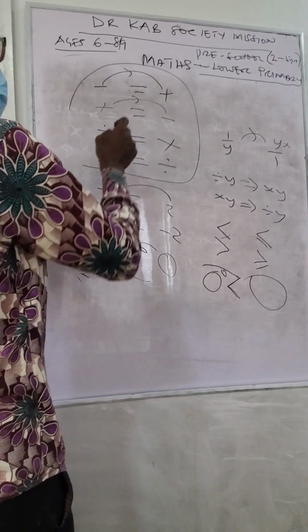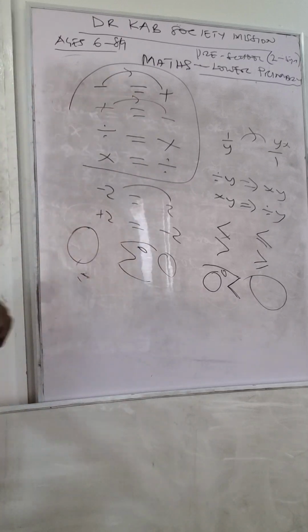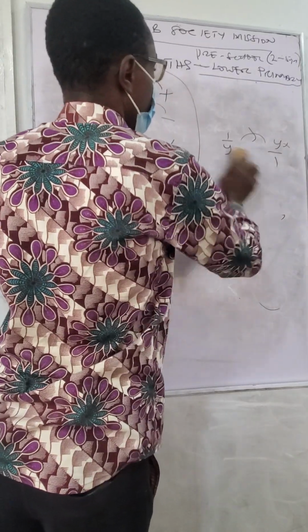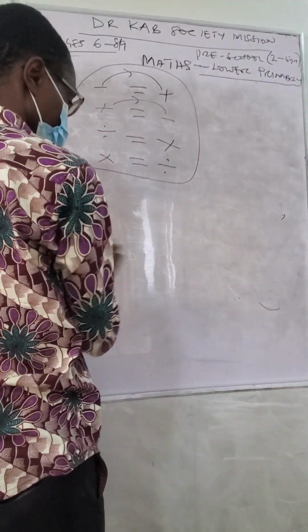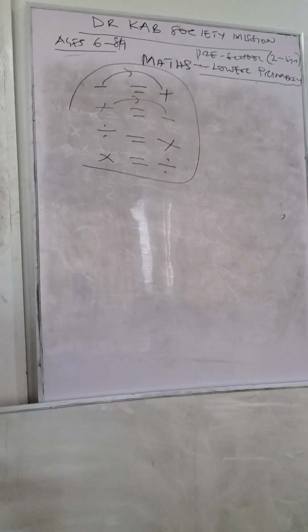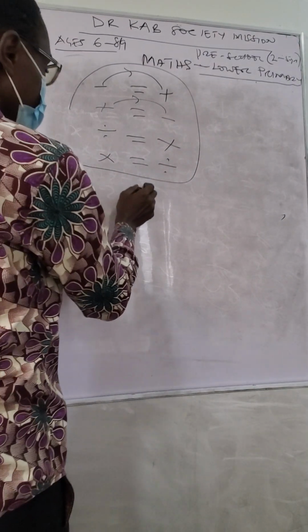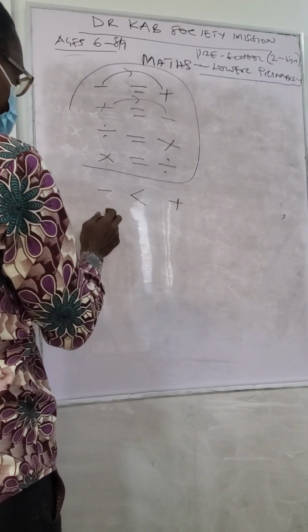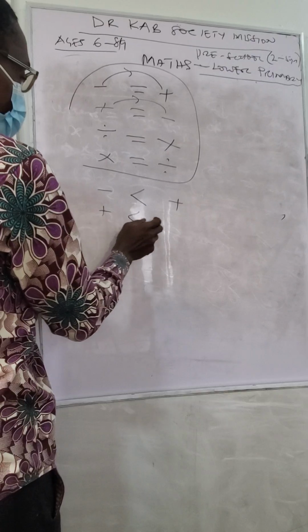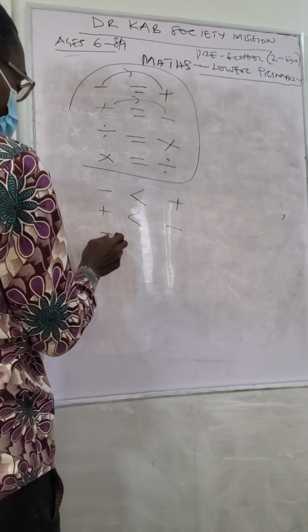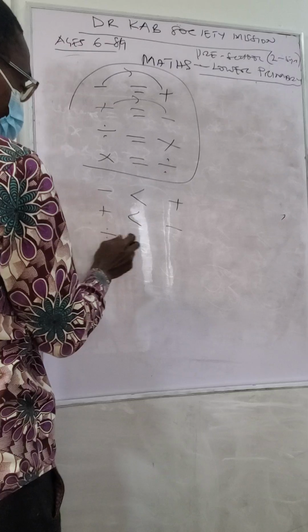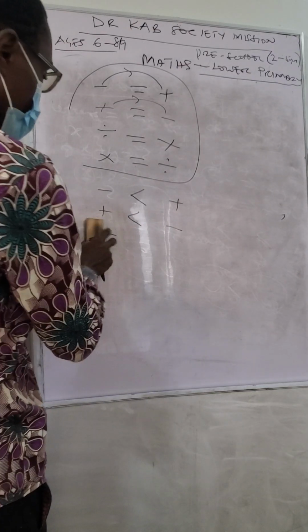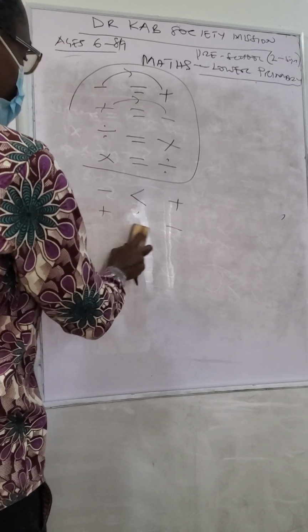The same thing can happen when it comes to, let's say it is greater than: negative crosses and becomes positive, positive crosses and becomes negative. Let me make it clear.